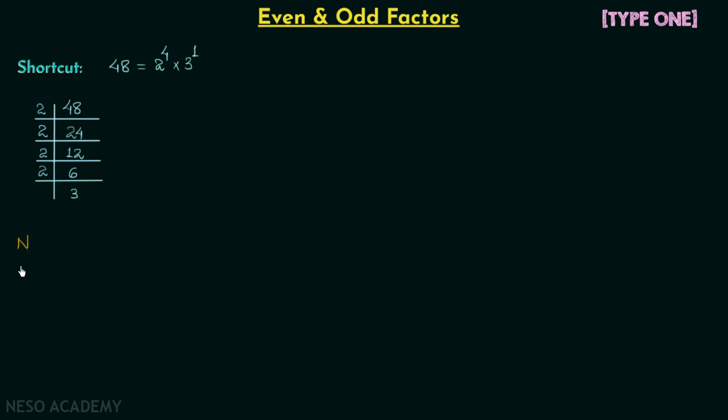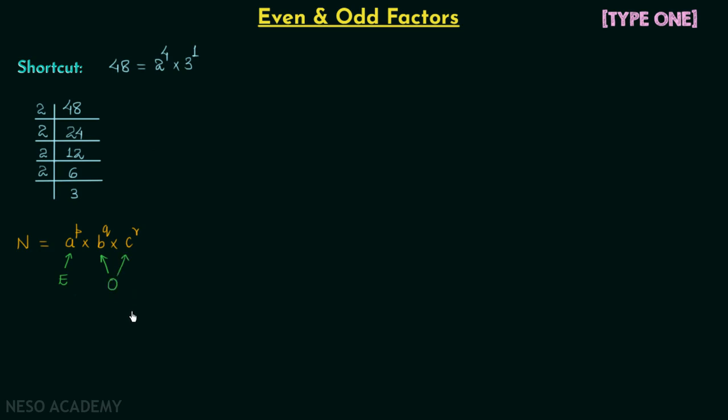Let's say we have a composite number n, and this composite number n has the prime factors a, b and c. a has the power p, b has the power q, and c has the power r. Out of a, b and c, a is the even prime factor, and b along with c are the odd prime factors.